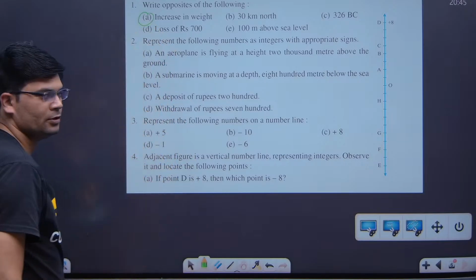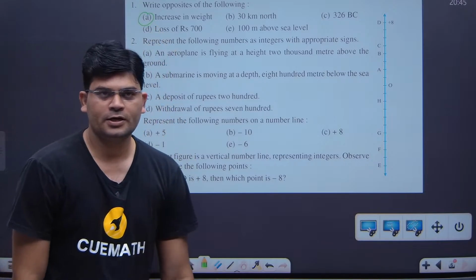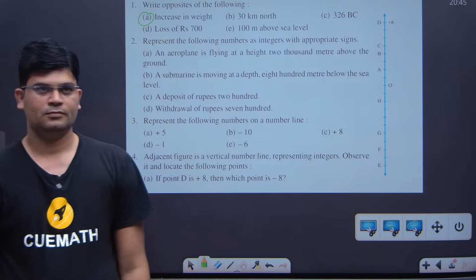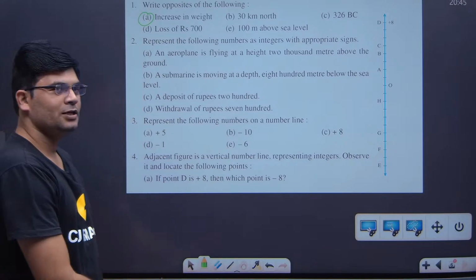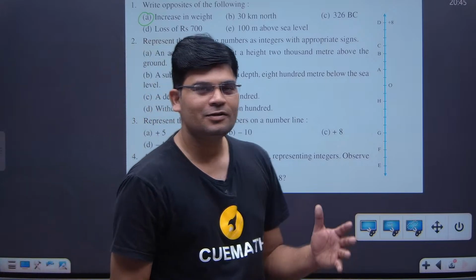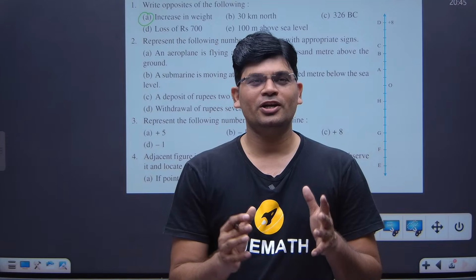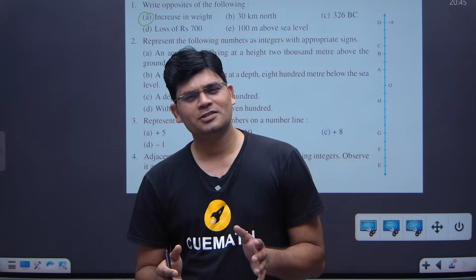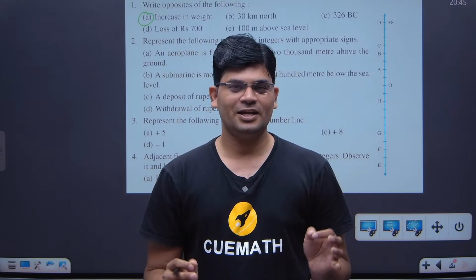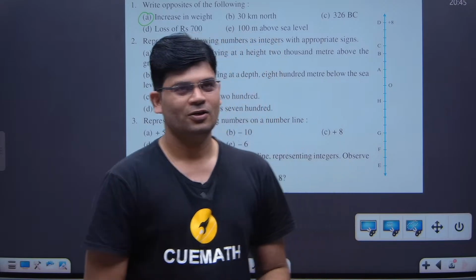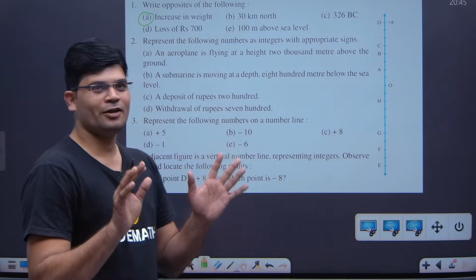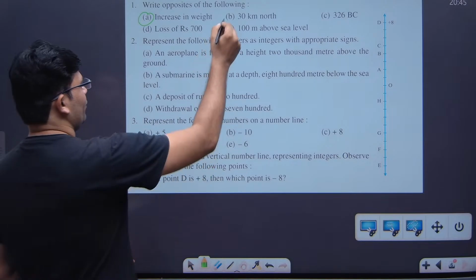Increase in weight. What is the opposite? Decrease in weight. Yes. See, when you are answering me, answer with full confidence. Don't make it a question tone in your answer. Just say decrease in weight. Your statement should be declarative, not interrogative.